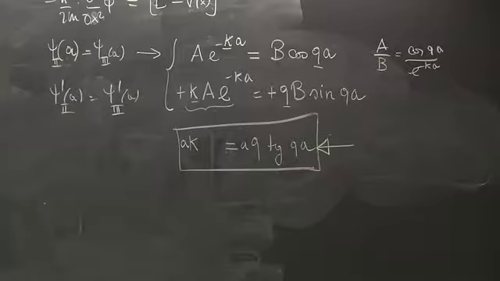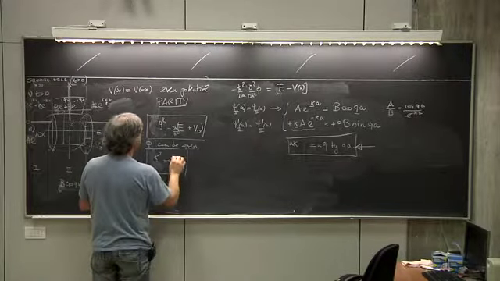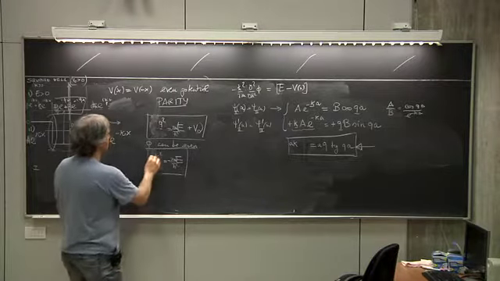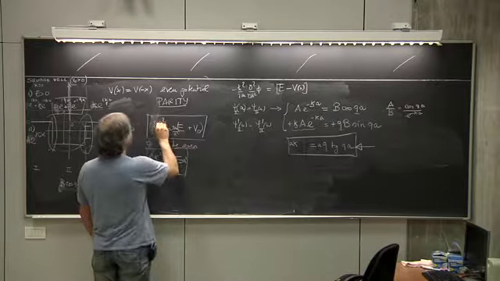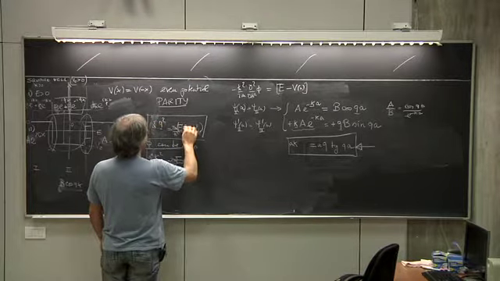That's not a bad idea, because after all, these are momenta, and Q times A is dimensionless, which is good. In fact, let us write this as 2m over h bar square, and this as 2m over h bar square, and now I put an a square there.